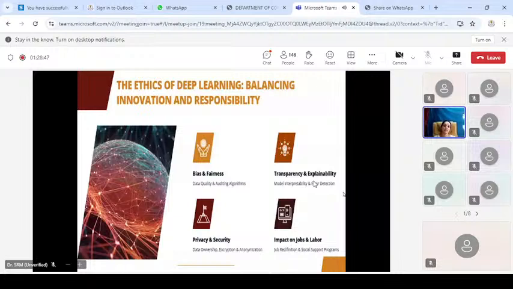Okay. What are the ethical imperatives of deep learning? Balancing innovation as well as responsibility. Okay, audience, do you have anything to say? What do you think about this? The ethical considerations when we are using DL. Do you have any thoughts to be shared regarding the ethical considerations?